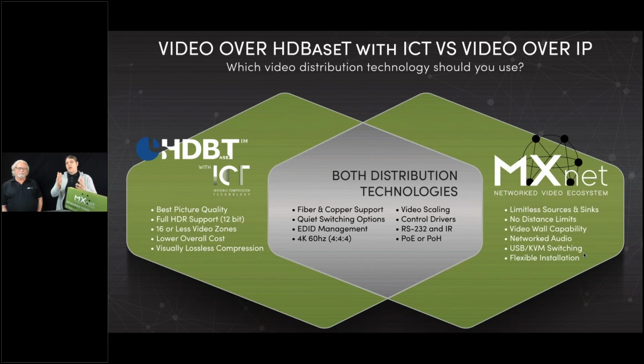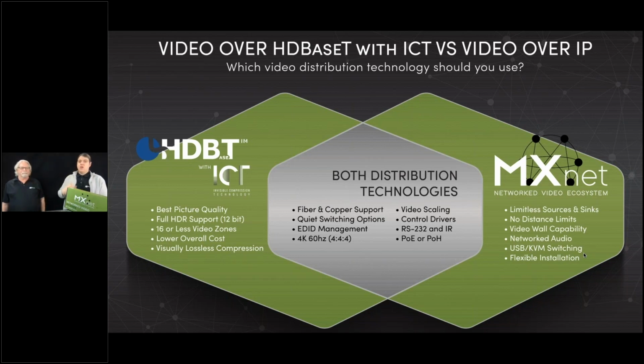And so as you can see, we have kind of these two different dichotomies of, you have your traditional HDBaseT and ICT. That could also be considered just uncompressed HDMI. And on the right-hand side, we have MXNet, which is compressing it onto a network system. So what are the differences between these two?